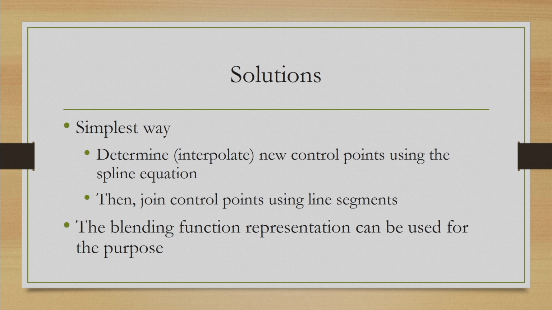Now, what can we do? So, we got the spline. The simplest way is to determine or interpolate new control points using the spline equation and then join the control points using line segments. We can also use the blending function representation for interpolating these points.